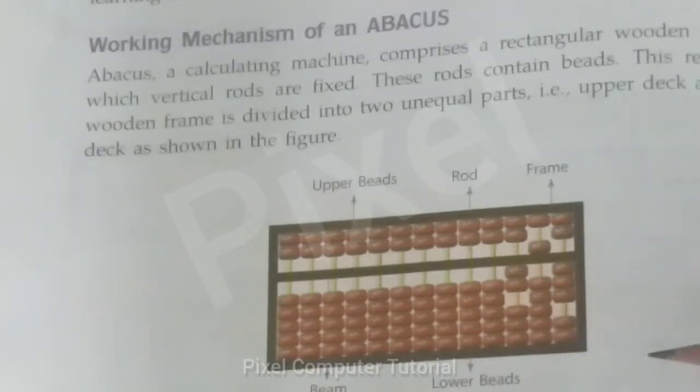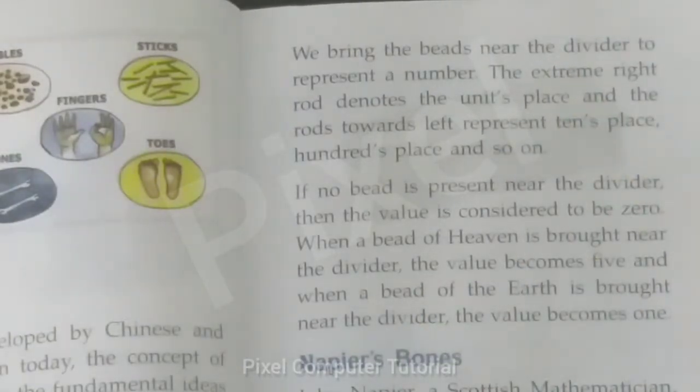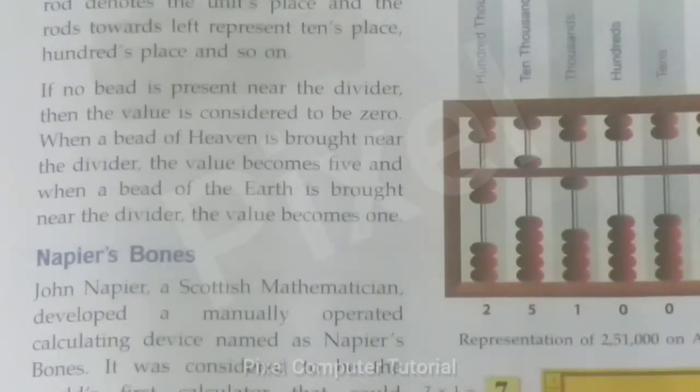Now when we bring these beads to the divider, this is the divider. You see the line here, this is the divider. So when you bring these beads, one here and one down, or 2 or 3 or 5, depending on the numbers or counts you want, the value keeps changing. Right now all the upper beads are on the top and the lower beads are on the bottom.